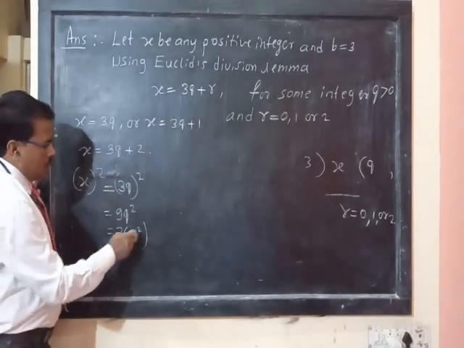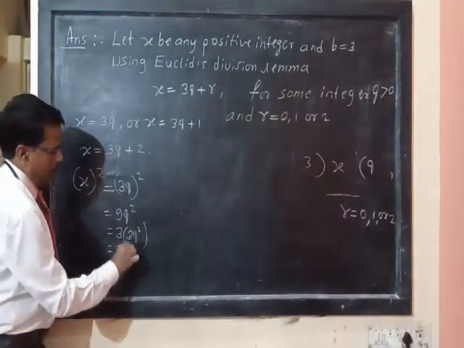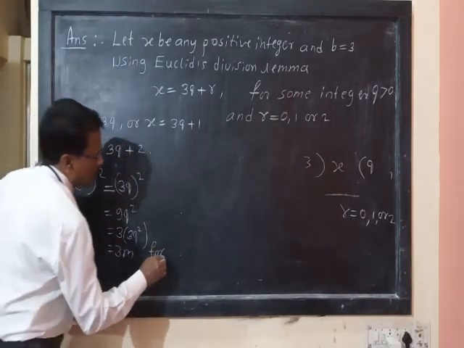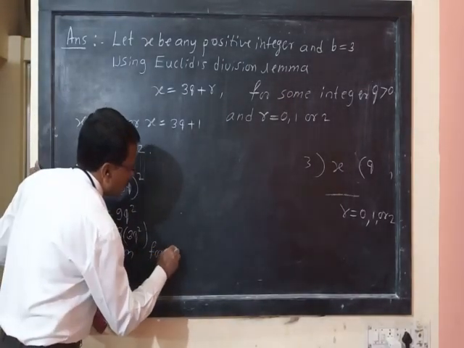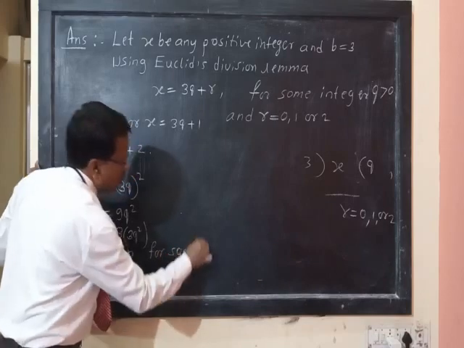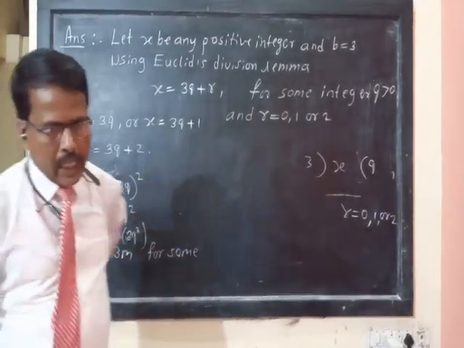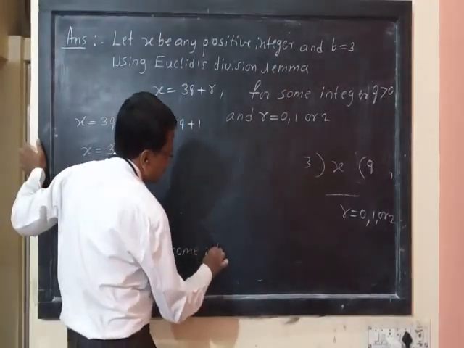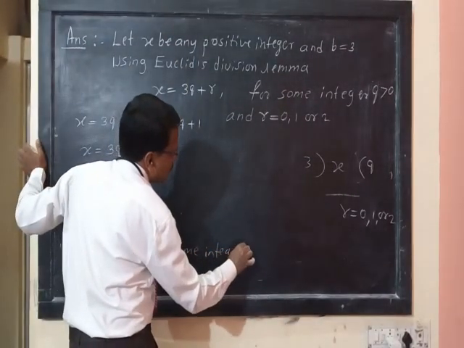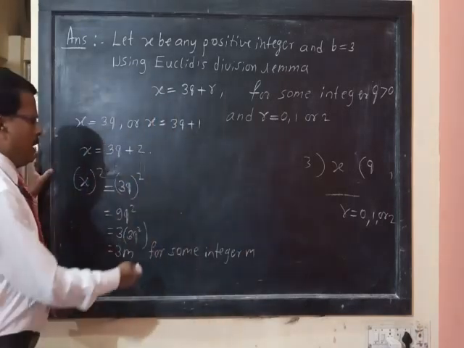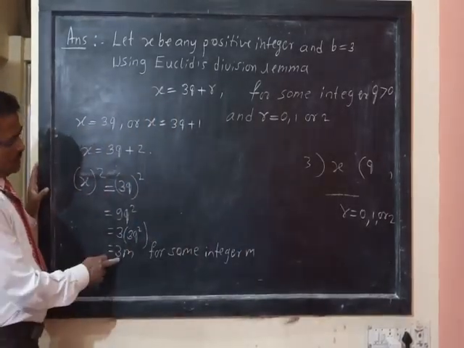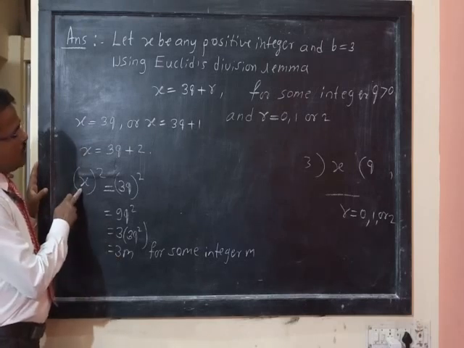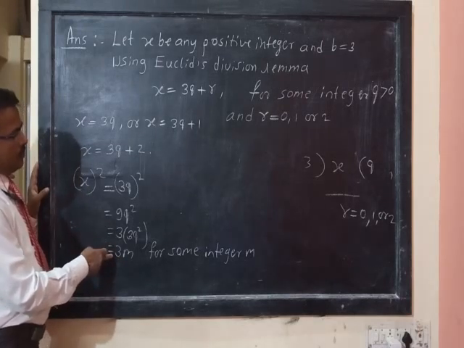So for this I will write m, for some integer m, where m is an integer. Okay. When you take x square, it becomes 3m.